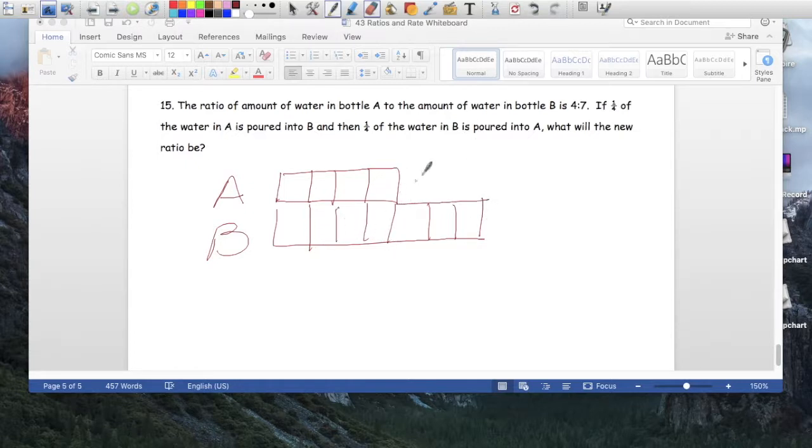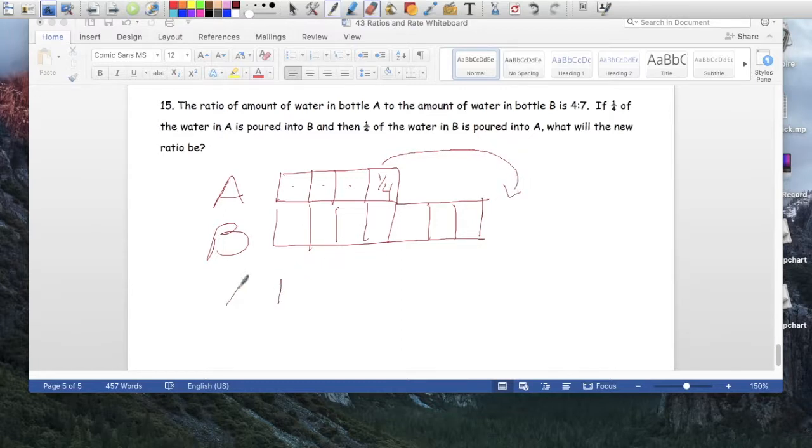Okay, so the first thing that's going to happen is that 1/4 of the water in A is poured into B. So A is made up of 1, 2, 3, 4. So 1/4 would be this one. I'm going to take that box and move it down here.